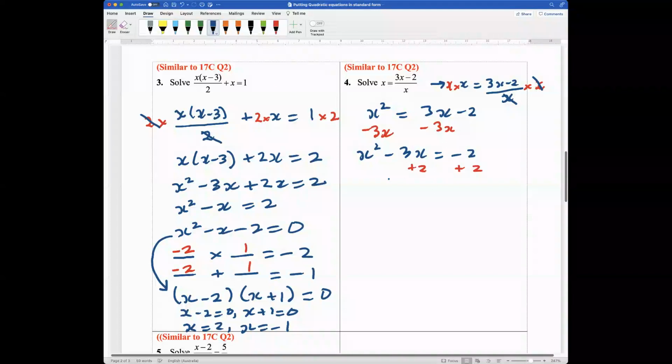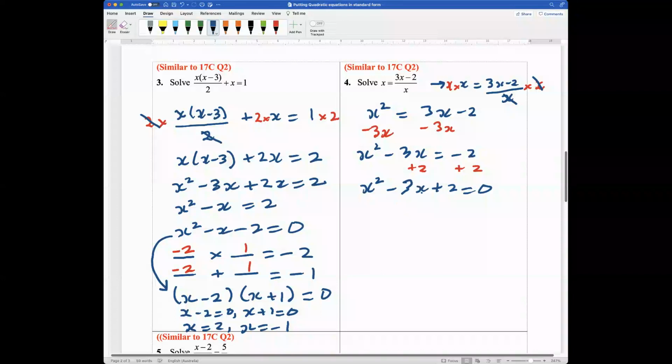That will give us x squared minus 3x plus 2 is equal to 0. Now, you could have done the negative 3x and the plus 2 in one step. That's fine. Let me just write this bit neater.